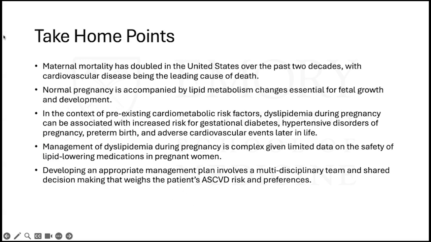And so just some take-home points from this presentation. First, maternal mortality has doubled in the United States over the past 2 decades, with cardiovascular disease being a leading cause of death. Normal pregnancy is accompanied by lipid metabolism changes essential for fetal growth and development.